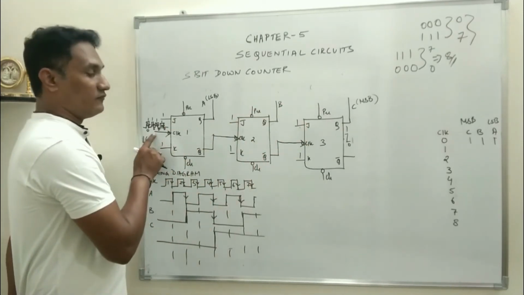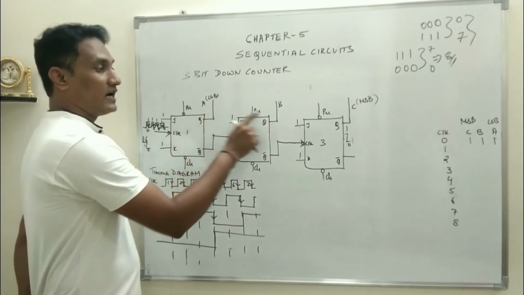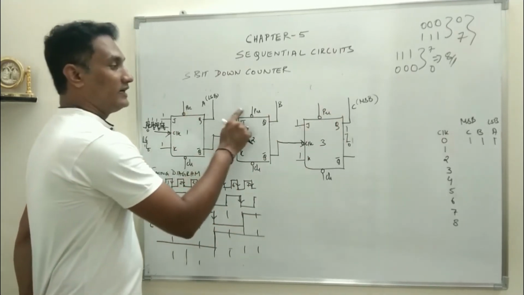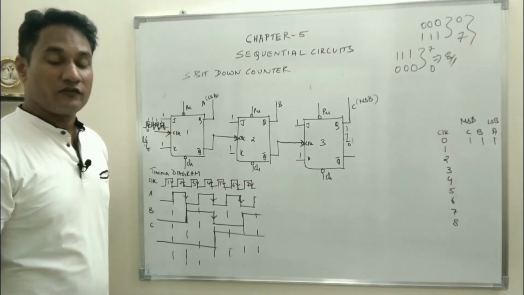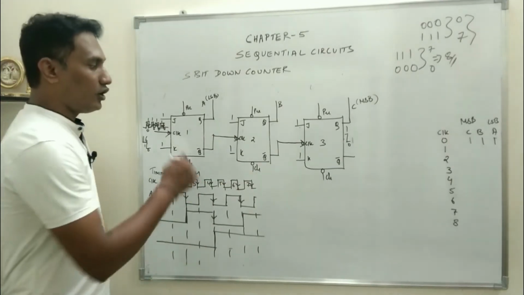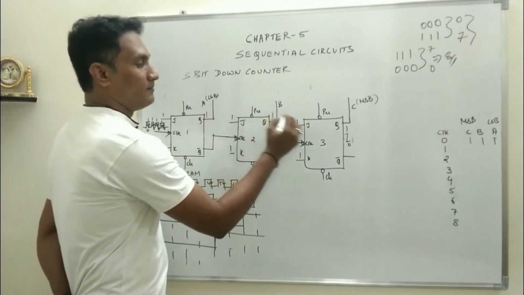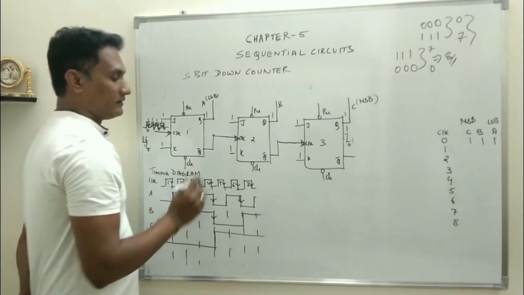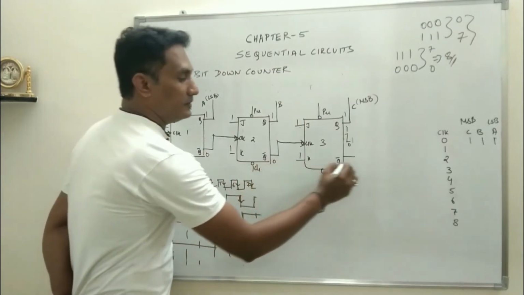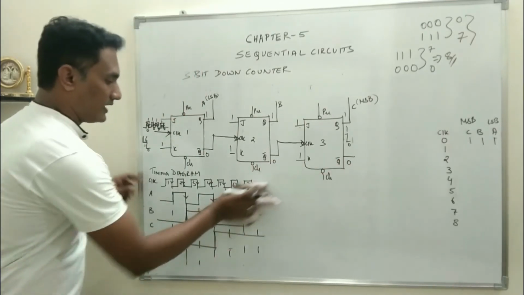So without giving a clock pulse, if you want to set the output to 1, you have to activate the preset terminal of all the flip-flops. When all the preset terminals are activated, all the outputs will become 1. So the Q output of all the flip-flops becomes 1, therefore Q bar will be 0.